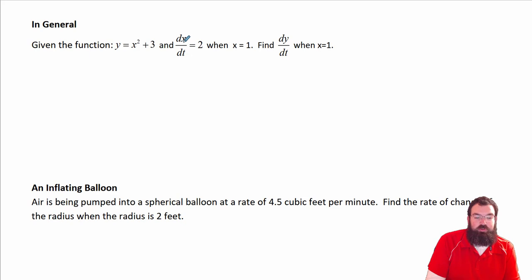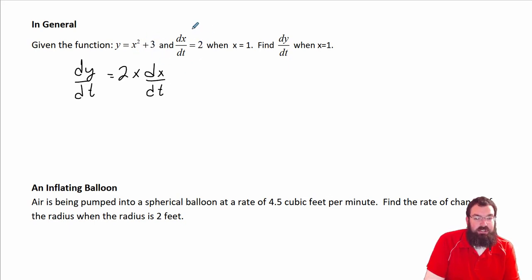Because I'm going with respect to time, each of these is not t, so I have to have some dx dt or dy dt with it. So dy dt is equal to 2x dx dt, and then plus 0, so I don't even have to write that piece.